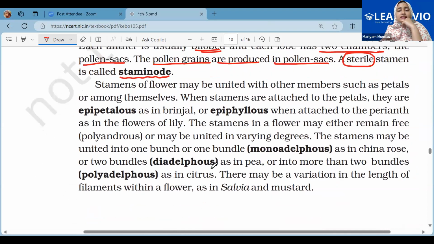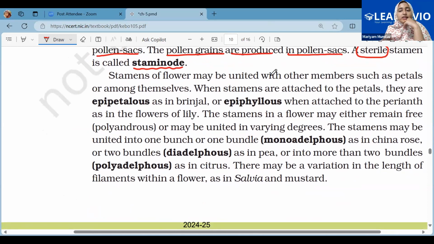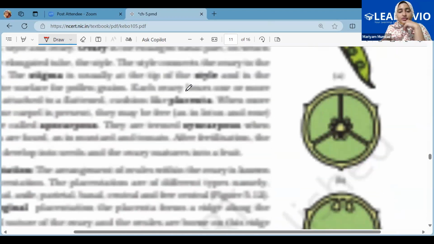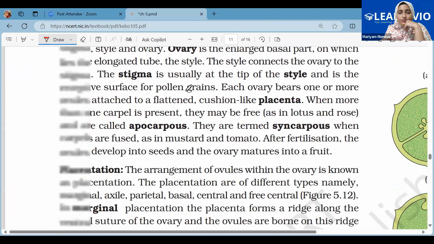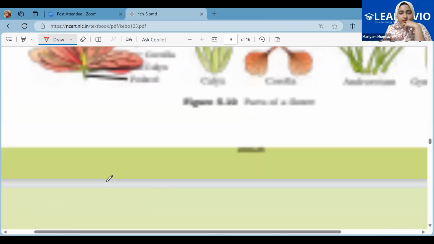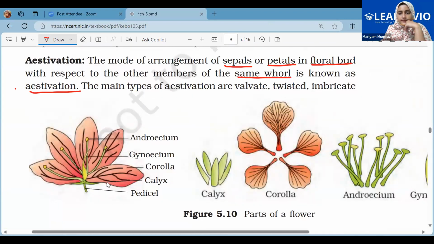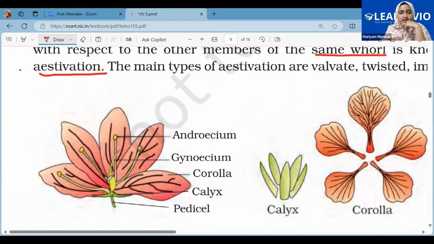Now, the stamens of a flower may be united with other members such as petals or among themselves. Many a time the stamen, which is a long, stalk-like portion, can be connected to the petal. See here, do you see this diagram?